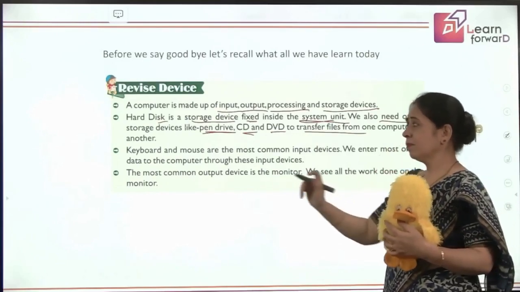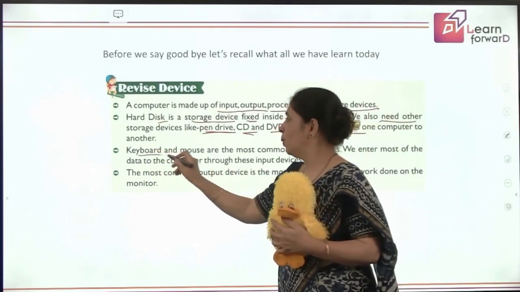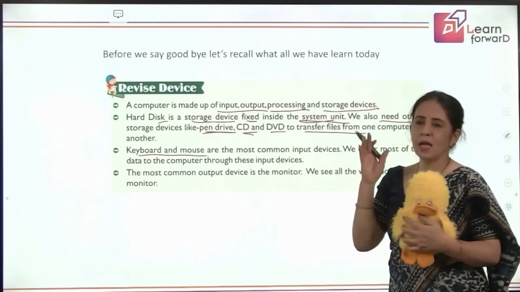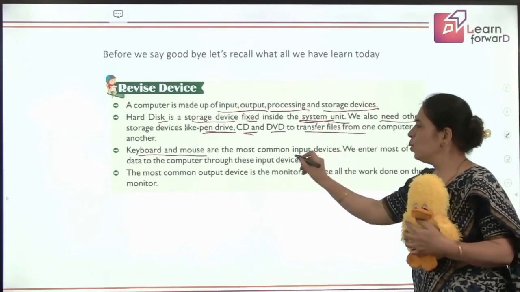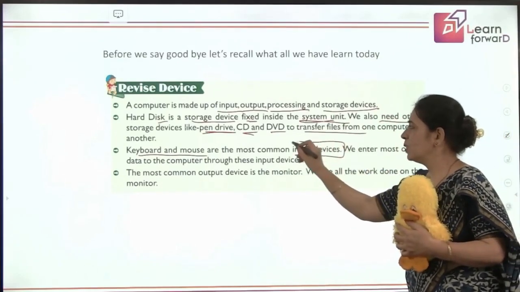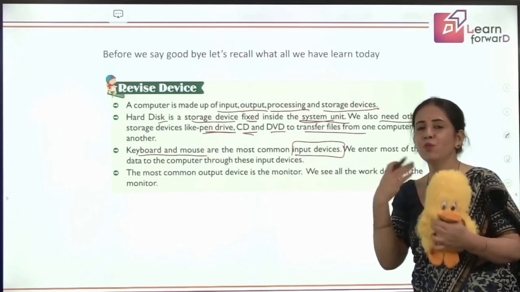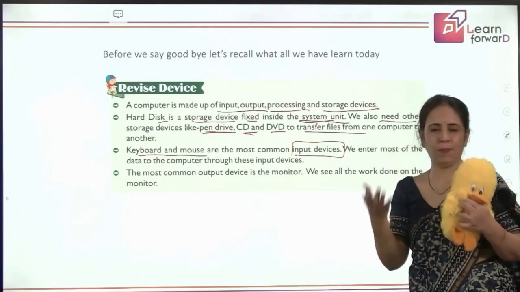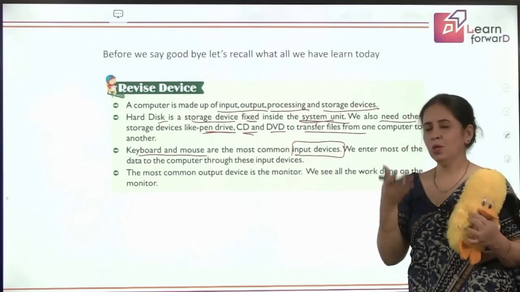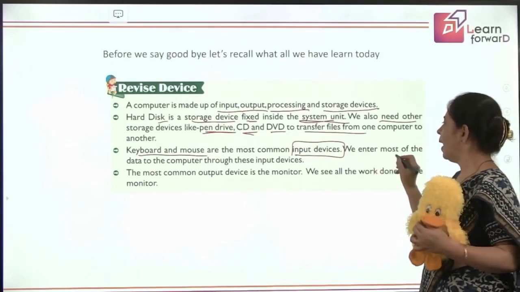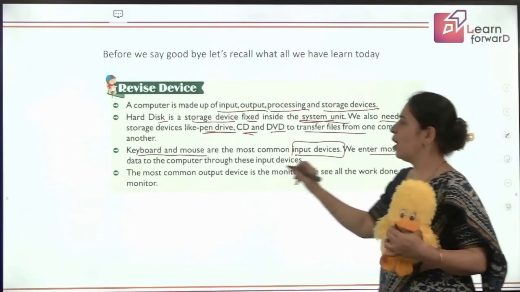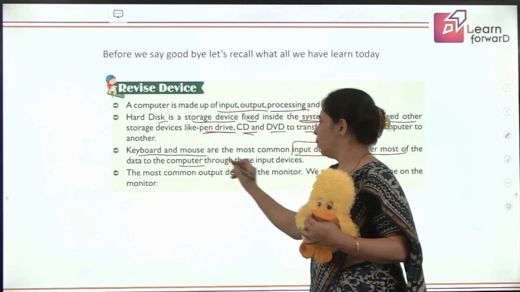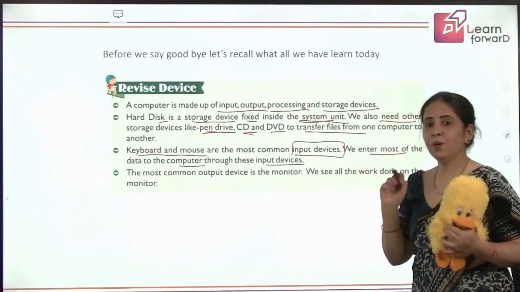Now what about keyboard and mouse? These are the very commonly used input devices which are used to give raw instructions to the computer and some data to the computer. And we enter most of our data to the computer with the input devices.